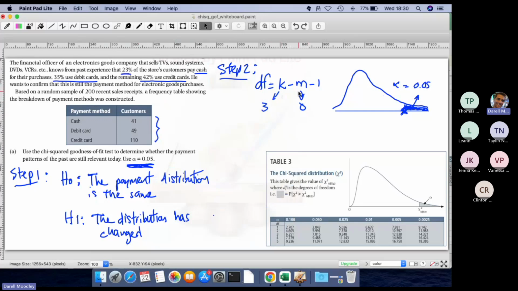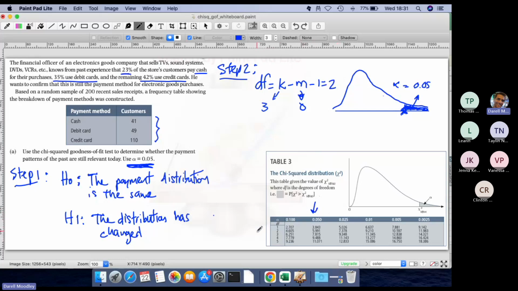So now you know your k, you know your m, and if you substitute those values into that equation, your df will be 2. So 3 minus 0 minus 1, which gives you 2. I'll write that here. So now we know it's this column, because that's your alpha, 0.05.